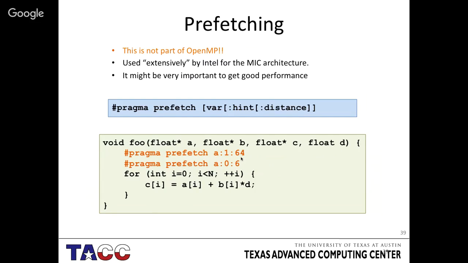And here, there's not much of a reason to do this. The compiler should figure all this out. But in more complicated situations, there might be some variable down here that has to be picked up from memory, and it's always coming in late, and it has to wait a long time. And you could do a prefetch on that to get it into cache before you even use it.